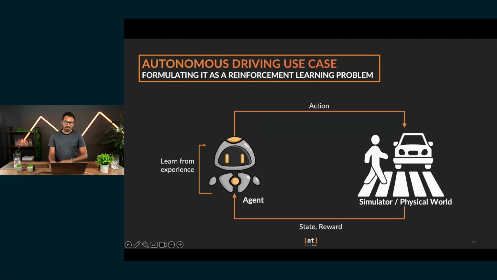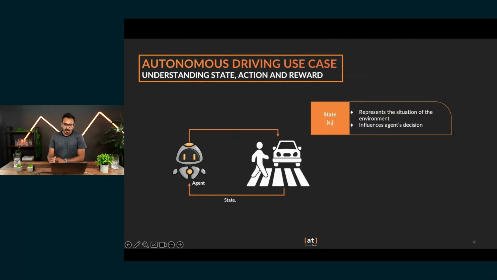So how this loop actually works is we first provide the state of the environment to the agent. For this, we extract the data from various different sensors to provide information like the velocity of the vehicle, the acceleration of the vehicle, the distance to the pedestrian, and in which direction the pedestrian is trying to move, right?